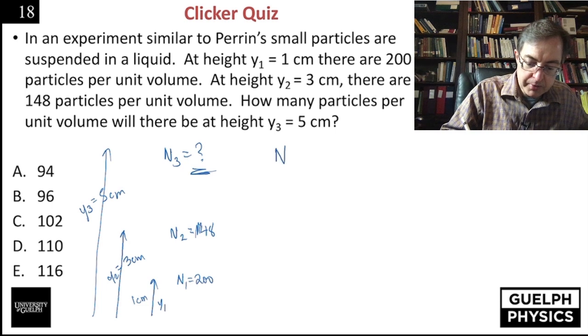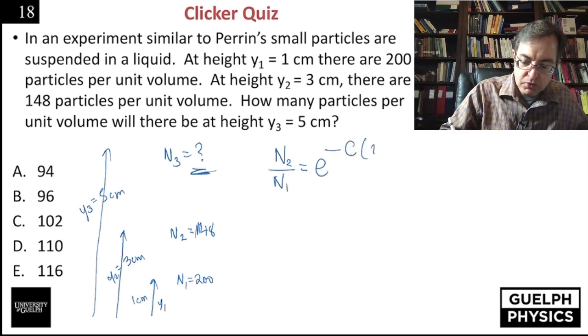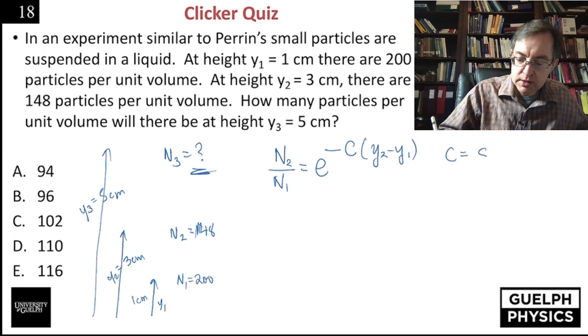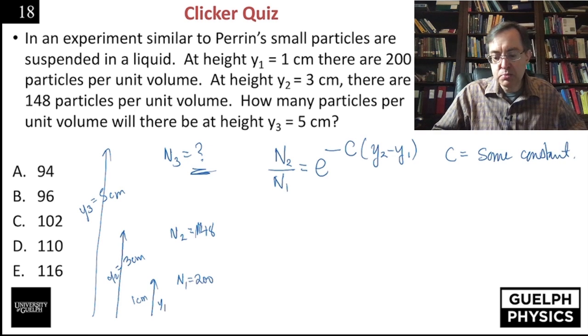For example, N2 divided by N1 is equal to e to the minus c times (y2 minus y1), where c is some constant. So that's the equation that's relevant to Perrin's experiment.